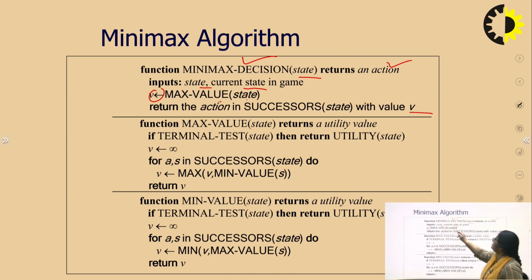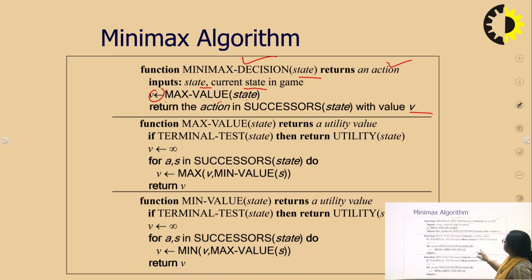Now, how does it select? How is this value selected? As we selected 3 there, which action has been taken? The one which had 3 as the utility, that was action 1. Now, we are selecting that particular action which has the max value V returned by the max value function.